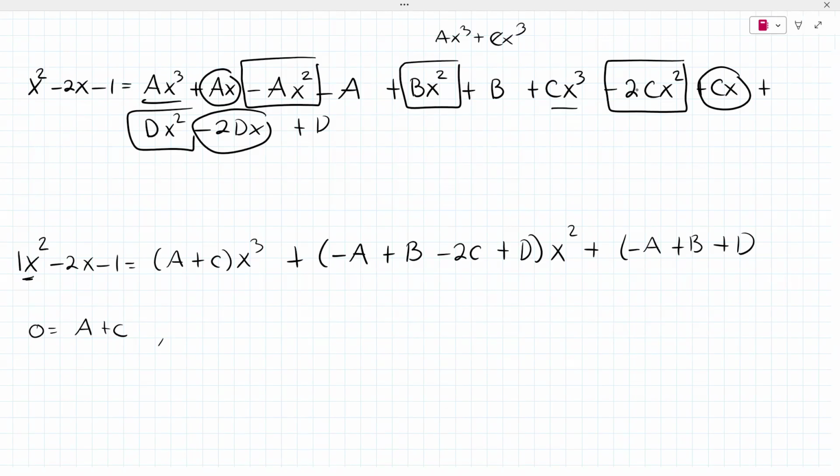This has a coefficient of 1, so it's going to be 1 equals this whole thing. Okay, and then keep on going down the x's. So over here, these are your x's.